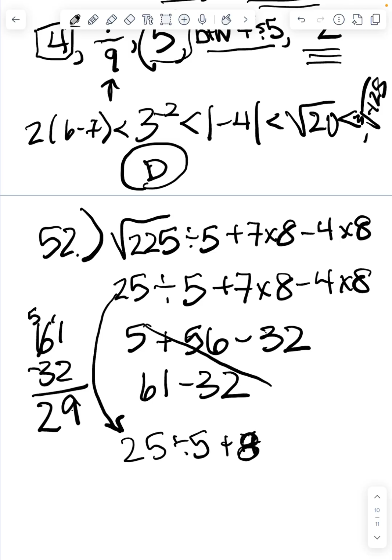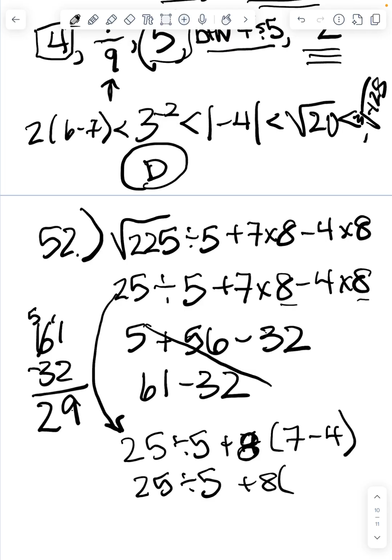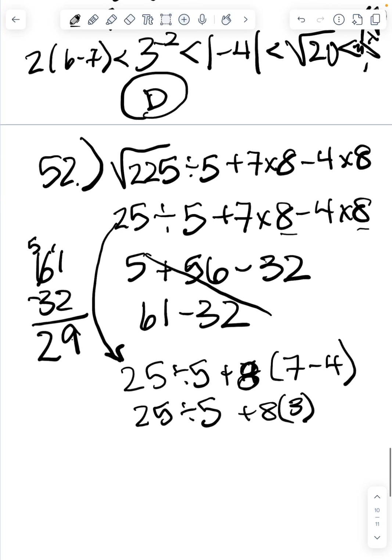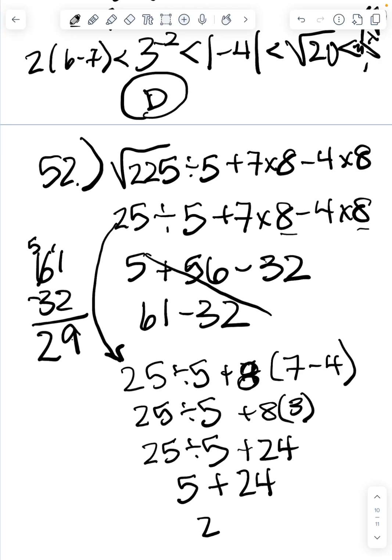I'm going to undo the distributive property and see if I can do anything with this. 8 times the quantity 7 minus 4. 25 divided by 5. 7 minus 4 is 3, which means I've got 25 divided by 5 plus 24, or 5 plus 24. I still get 29.